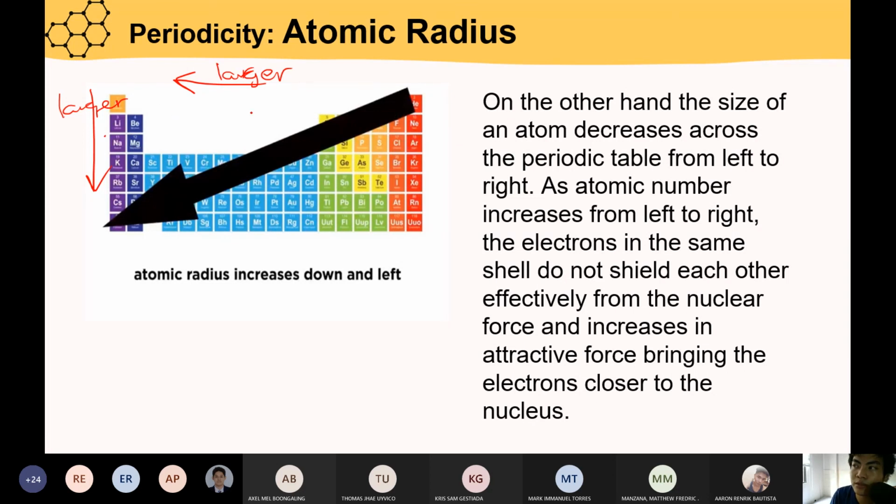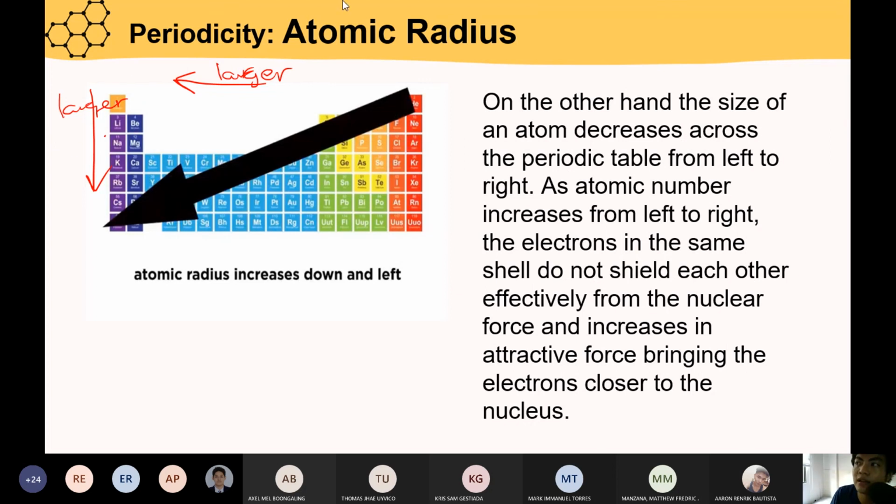If you go to the right, the number of protons increases, so the orbit will be pulled closer to the nucleus. Therefore, the atoms here are smaller. But here, there are only a few protons, so the orbit will not be pulled that much towards the nucleus. So it becomes larger as you go to the left.